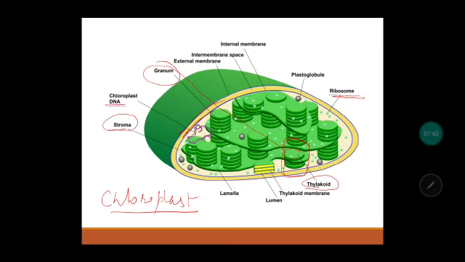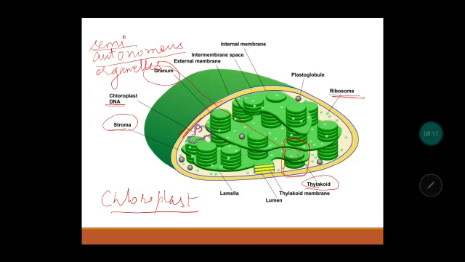So listen carefully, mitochondria and plastids contain their own DNA and own ribosomes. That is why these cell organelles can also be called semi-autonomous organelles. So what is a semi-autonomous organelle? Semi means half, autonomous means independent.